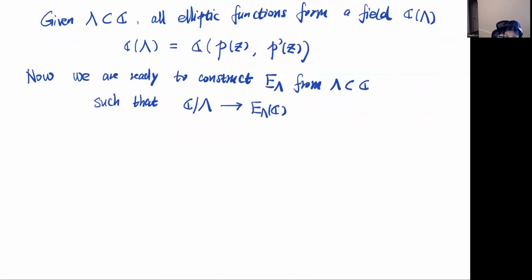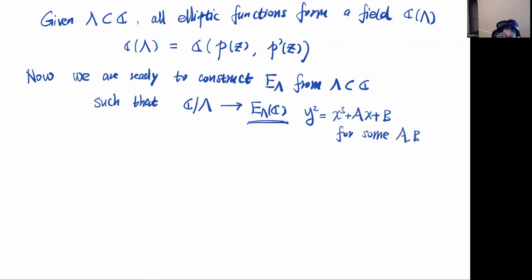Well, the point is a point on any elliptic curve needs to satisfy a Weierstrass equation, so it needs to satisfy something like y squared equals x cubed plus ax plus b for some a, b.